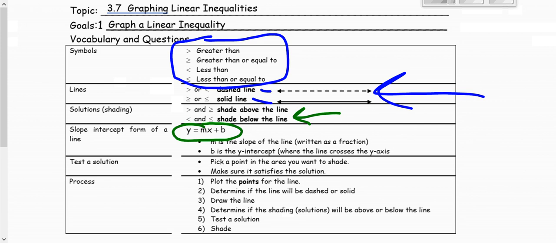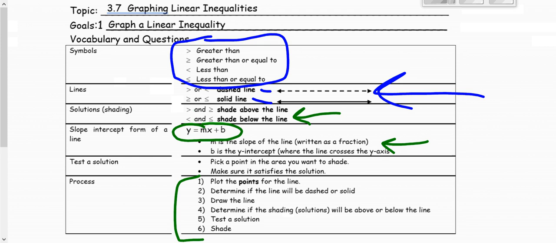If it's ever not in slope-intercept form, you can easily change it by solving for y. You're going to graph these just like any other line, where m is your slope and b is your y-intercept. If you ever get lost, you can go back to this process and follow the steps.